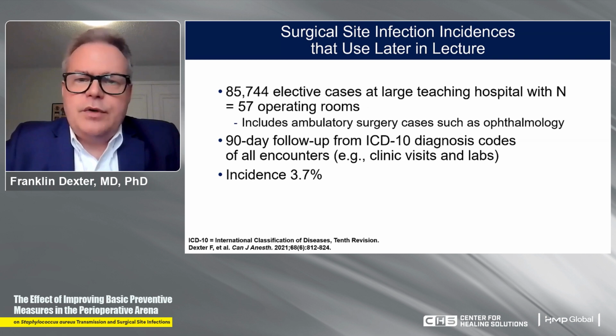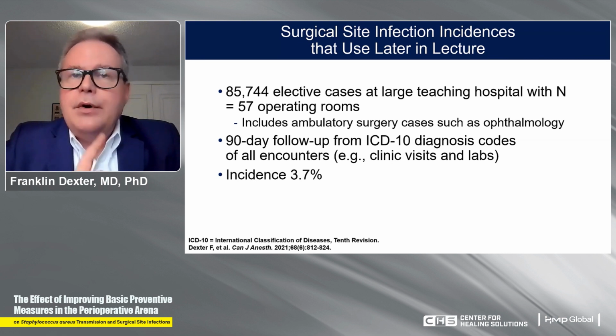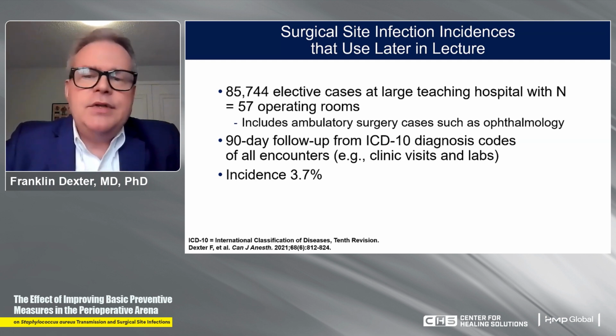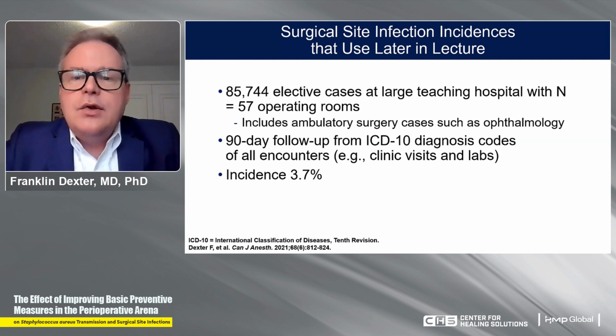Large teaching hospital in Iowa. All surgical cases, not just those in the study with the highest risk of infection. 90-day follow-up, but no calling of the patients. The patients had to get rehospitalized, have a clinic visit, a laboratory study, radiology. And then the billing diagnosis codes for each encounter used the International Classification of Diseases, 10th revision.